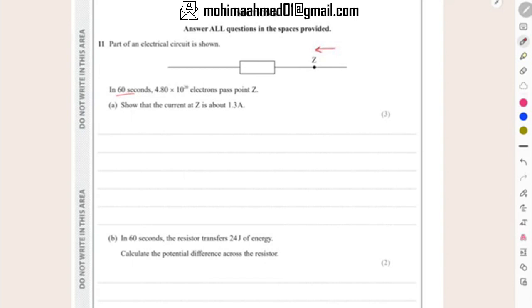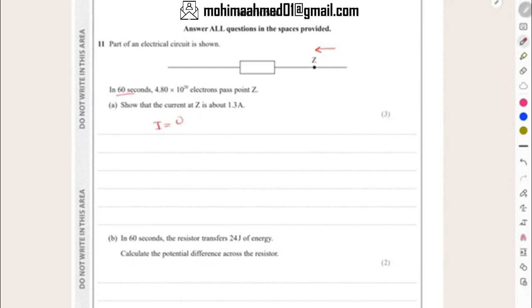Over here, you have 4.8 times 10 to the power 20 electrons, which means you have to find the charge from these electrons, right? If the charge for one electron is 1.6 times 10 to the power of negative 19, use the unitary method to find the charge of 4.8 times 10 to the power of 20 electrons. Then, once you have the charge, you divide it by 60 to find the current. So I'll do this maths in one go.